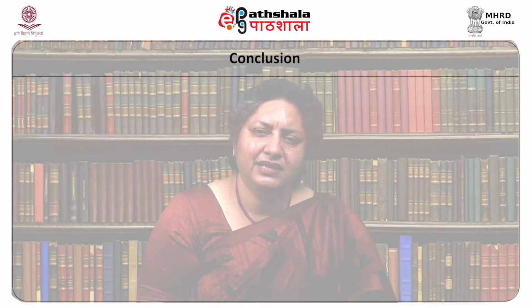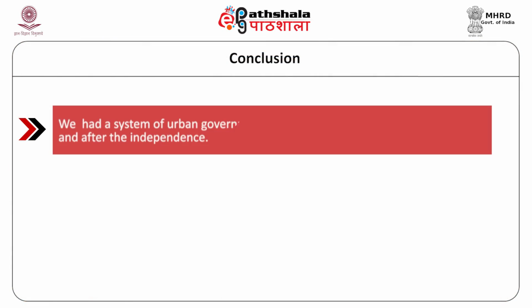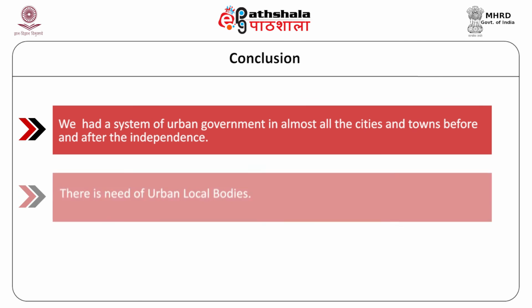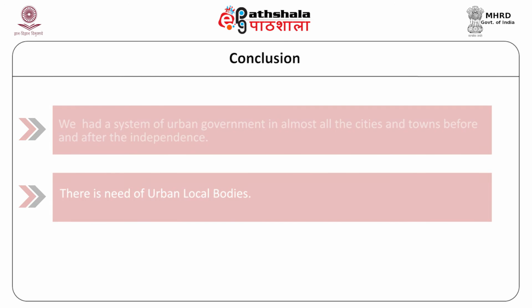Conclusions. We just understood what an urban local body is. Urban local body is a body which provides governance to the people living in an urban area. Since urbanization is on the rise, the need of urban local bodies too has gained a lot of importance.